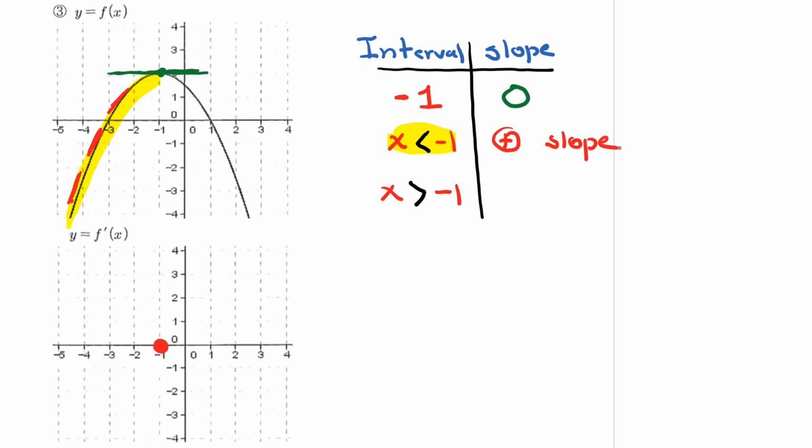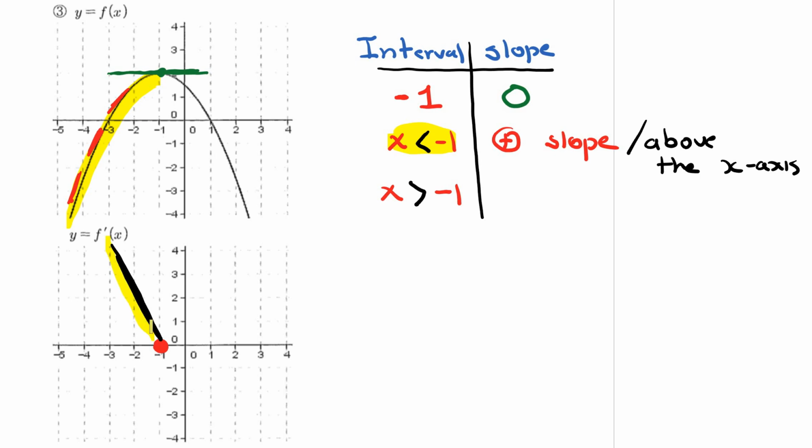All right, so when you have a positive slope, when you graph the derivative, it will be above the x-axis. Okay, so if there's a positive slope, that means the derivative graph will be above the x-axis. So maybe something like that, above the x-axis.